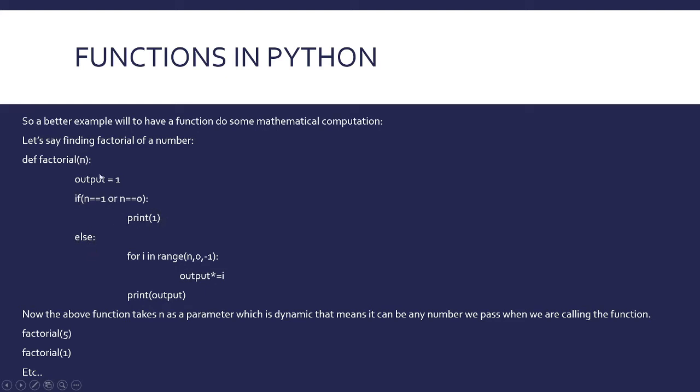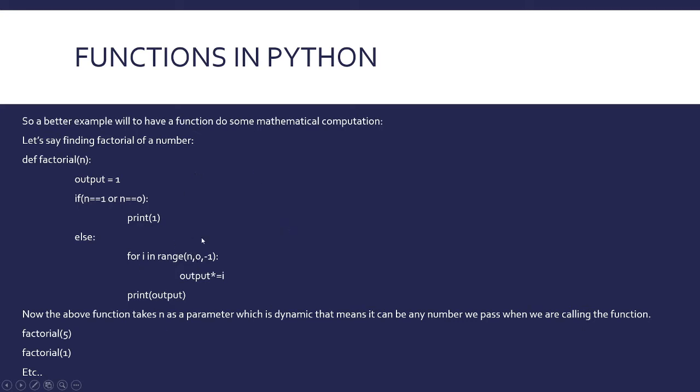Else, if it is not 1 or 0, the function will use this for loop to calculate the factorial of the number, and it will print the factorial. Here we can see that this function is dynamic and it can accept any value as the parameter. We can pass 5 here or 100 here, and it will work fine for any value.